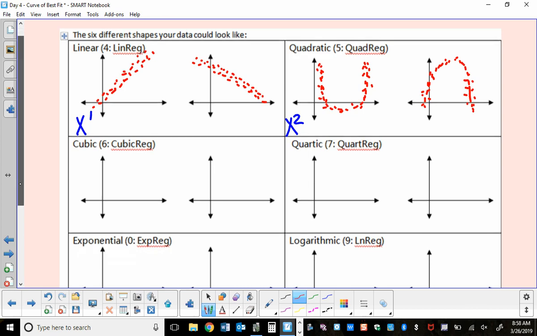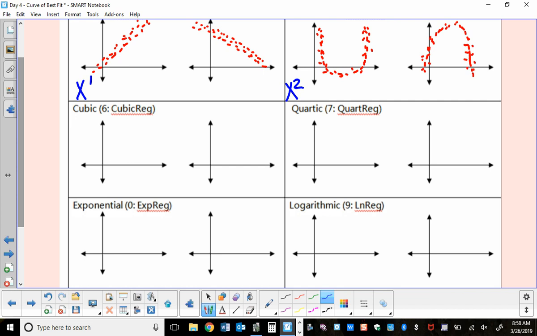All right, for cubic, this is x cubed. For cubic, our data points will look like a snake. It either goes up or it goes down.